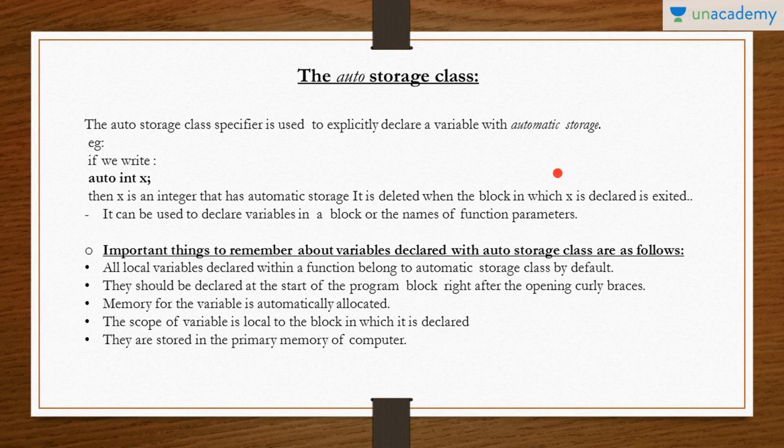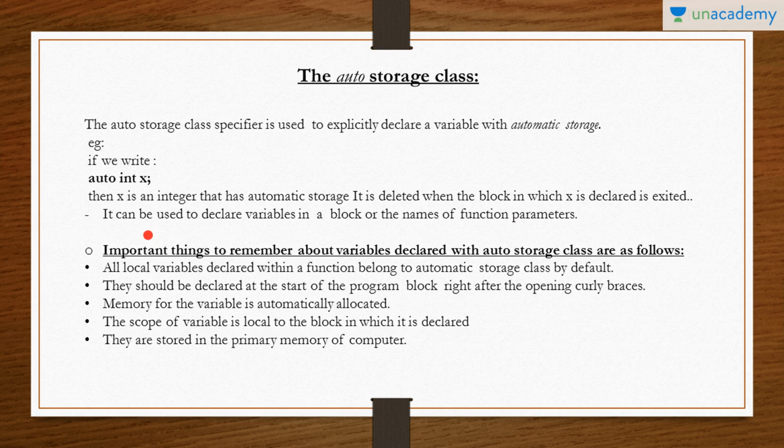If we write auto int x, then x is an integer that has automatic storage, meaning the storage allocation will be automatic. So it is deleted when the block in which x is declared is exited; if you terminate and exit that block, it will be deleted automatically.